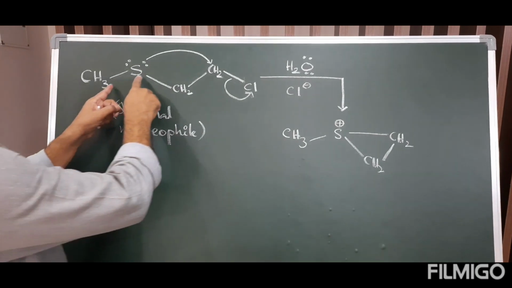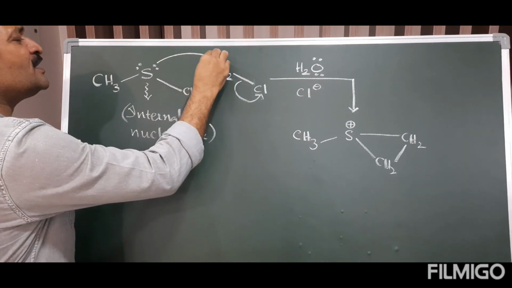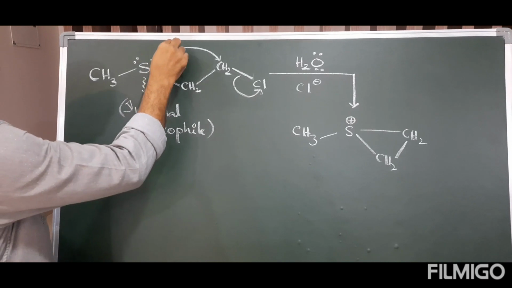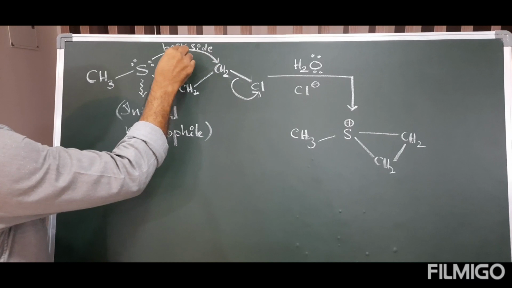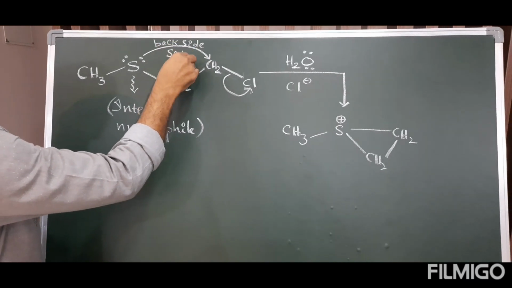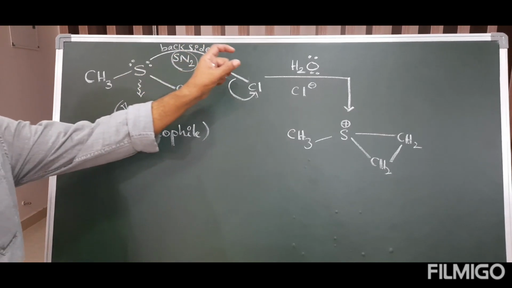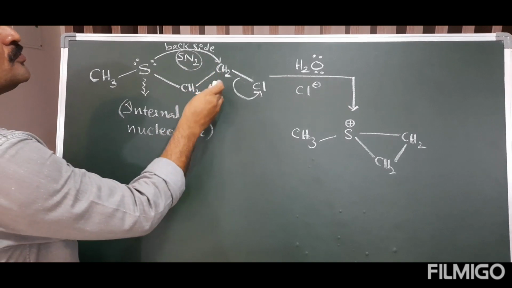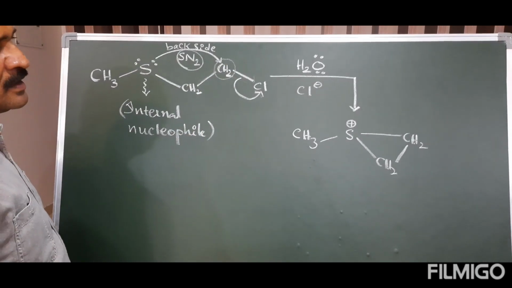Here nucleophilic substitution takes place and this nucleophile attacks this electrophilic carbon by backside attack. Backside attack generally takes place in SN2, so here an SN2 reaction takes place. Because of this SN2, this carbon's configuration will be inverted.